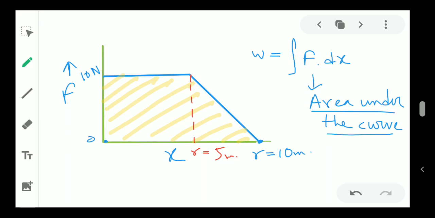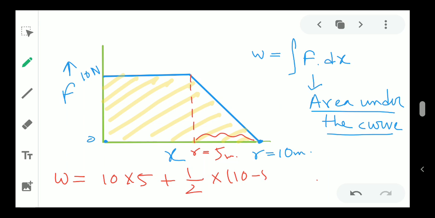So the total area, or the work done, is the area of the rectangle plus the area of the triangle. If we decode this, you can simply write this is nothing but length into breadth plus half into base, this interval is also 10 minus 5, that is 5 only.